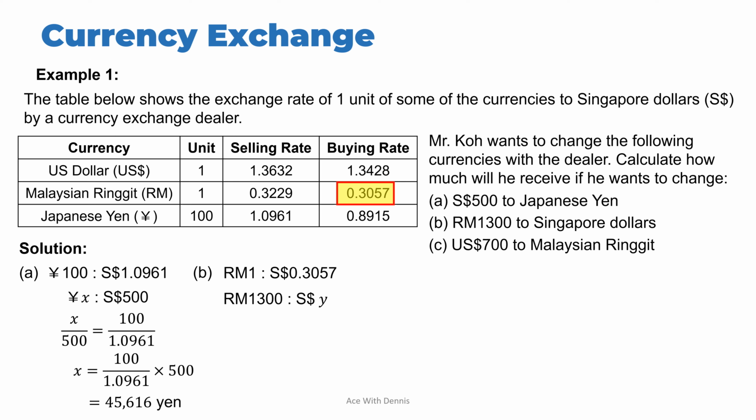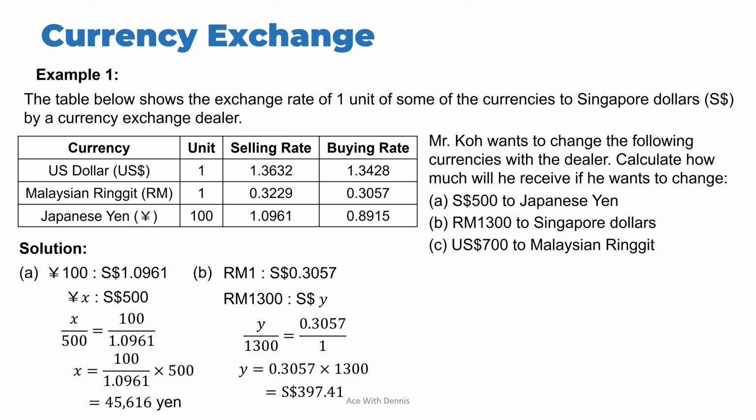So 1,300 Malaysian ringgit is to Y Singapore dollars. Hence, we form the equation Y over 1,300 equals 0.3057. Hence, Y is 0.3057 times 1,300, which is 397.41 Singapore dollars.